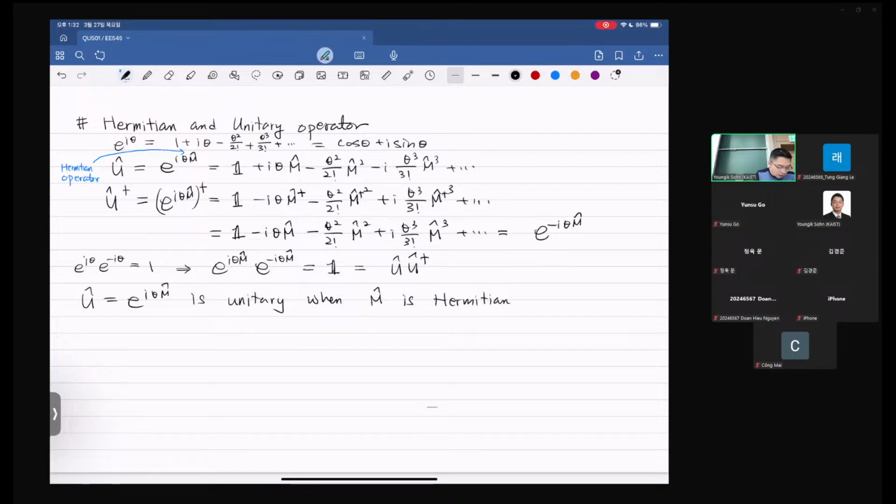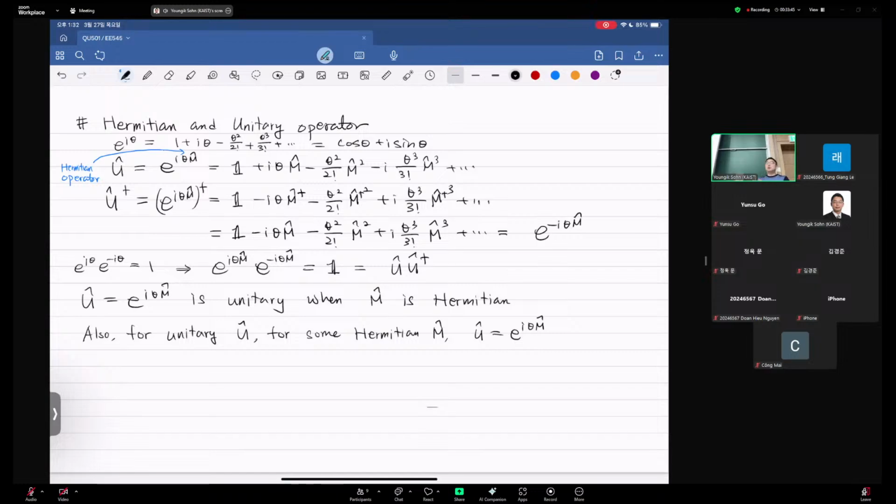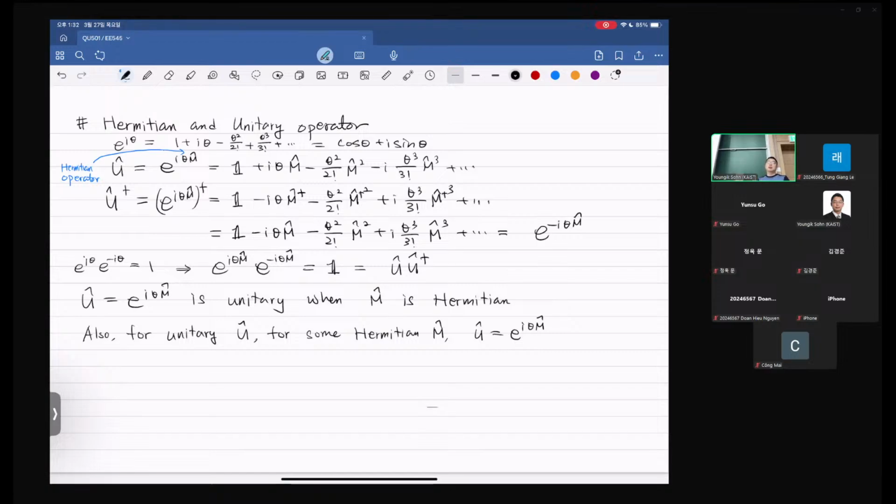And then actually the opposite direction also holds. For a given unitary operator, there is some Hermitian M that allows you to express U as an exponentiation. So that's a mathematical result.